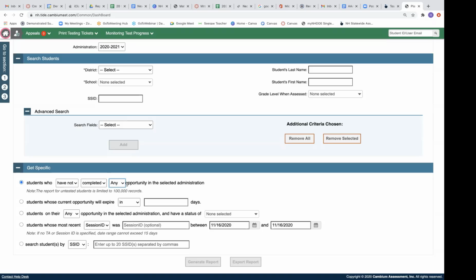So you would be able to get a report that would show you those kids who did not complete. You might have to choose have started, because I'm afraid that if you say have not completed, it might show the students that didn't even start it. But you can just play around with it a little bit. Yeah, gotcha.